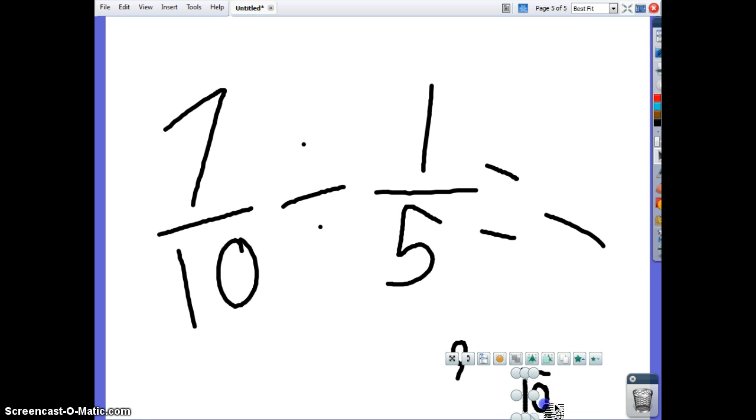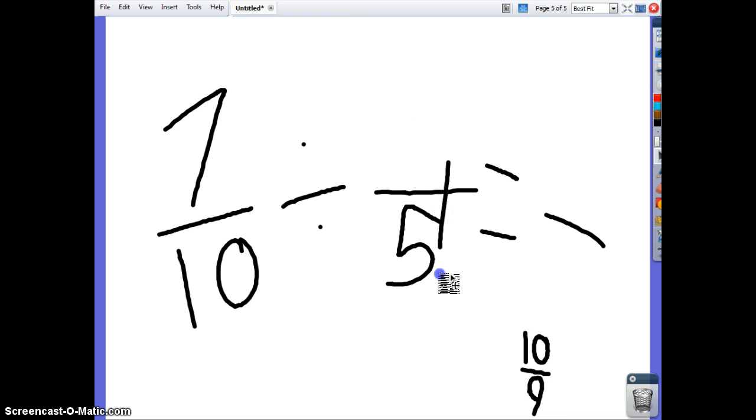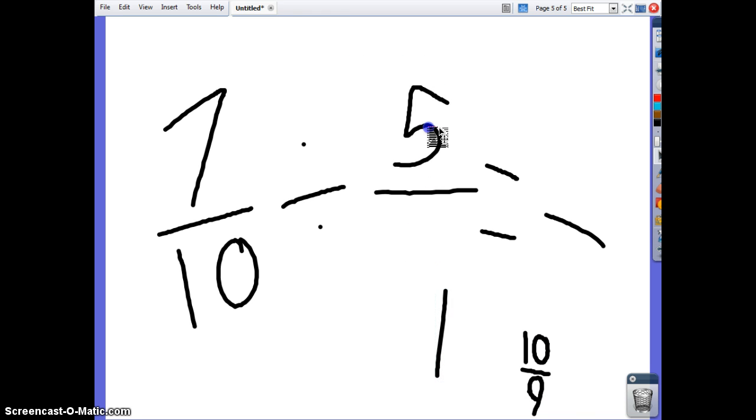So it was 9 over 10, so the reciprocal is 10 over 9. And to find the reciprocal of 1/5, I'll just switch these around, and here we go.